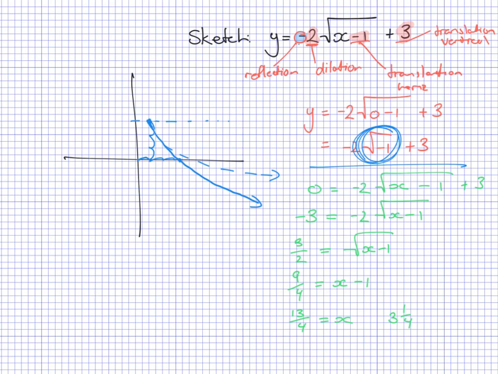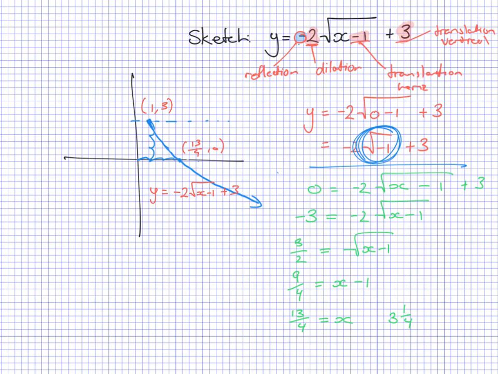I will erase the original dotted line, which happily enough was roughly what we wanted to do. And you'll see here that I've now got a nice curve, which was pretty much the same as what we originally started with. One step is to make sure you label your points. This was 13 over 4 comma 0, and the equation of the line was minus 2 root x minus 1 plus 3.